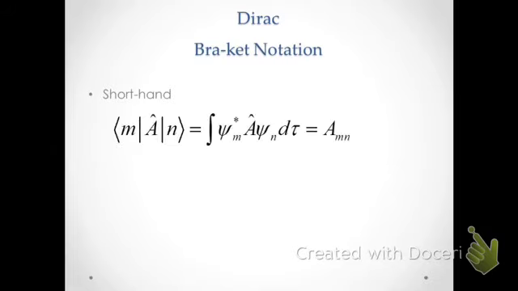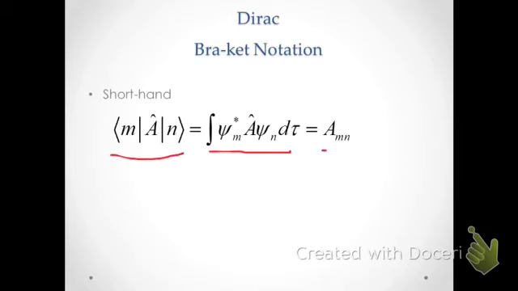We'll start with just an introduction to a shorthand method of writing out integrals. There are lots of integrals that have to be used to do these computations, and so it's sometimes easier to write it in a shorthand notation referred to as bracket notation, and that's seen here. So for this simple integral involving the wave function psi star sub m and psi sub n, we can write this in terms of these brackets over here on the left side.